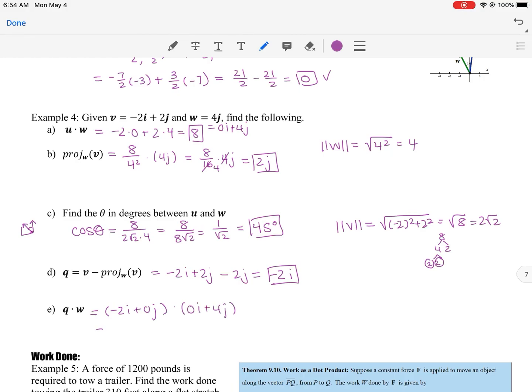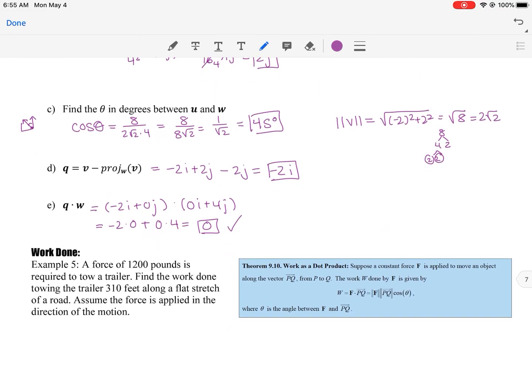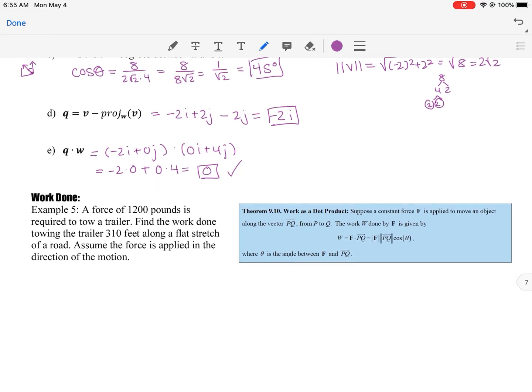So for the dot product, we multiply those two first components, -2 times 0, then the second components, 0 times 4. So we get 0 plus 0, so we do get 0, which is what we want, and meant that it was a 90-degree angle.